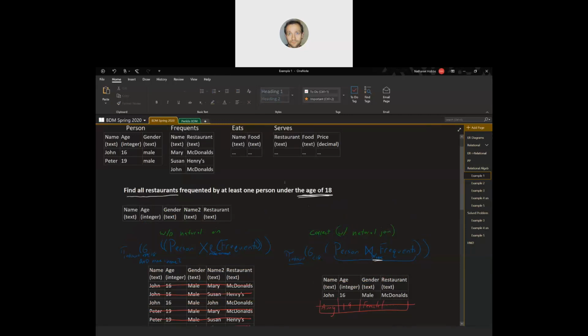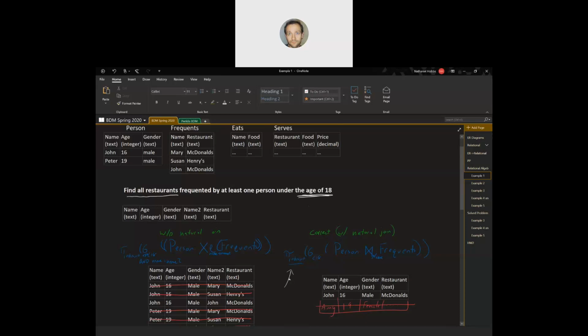Here, in this example, it's redundant because it's the only named attribute that they share. And this would create this table here. The select deletes a particular row, and again, we project to get the restaurant names.